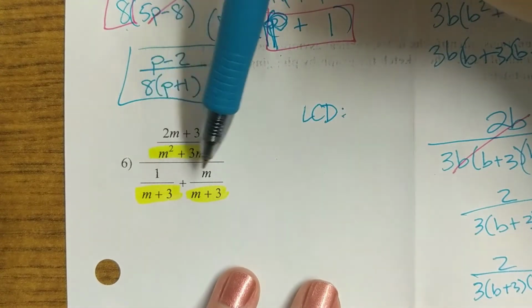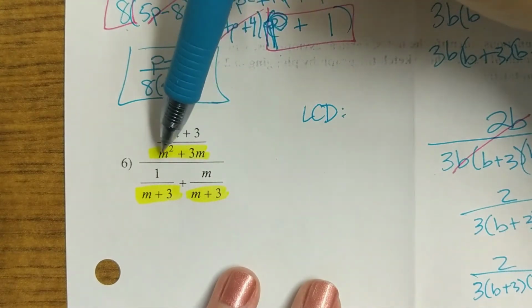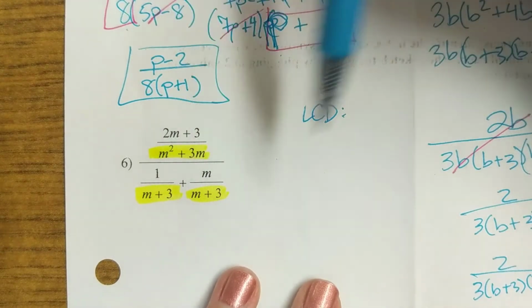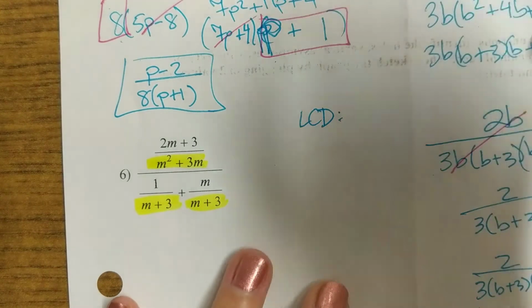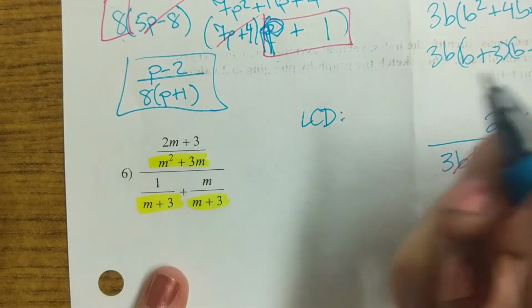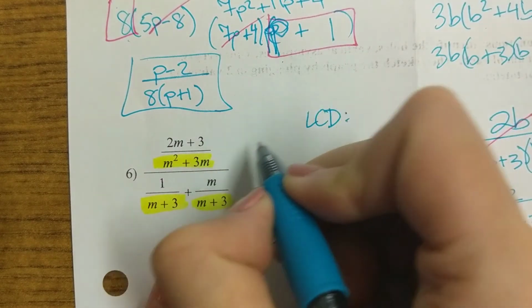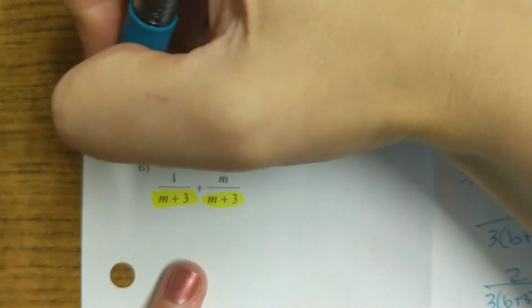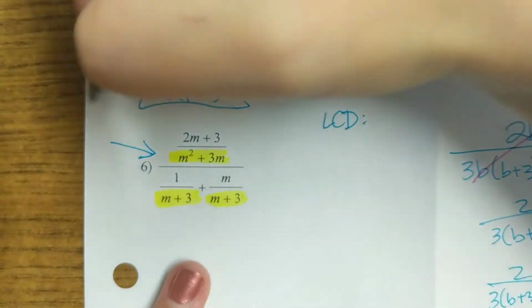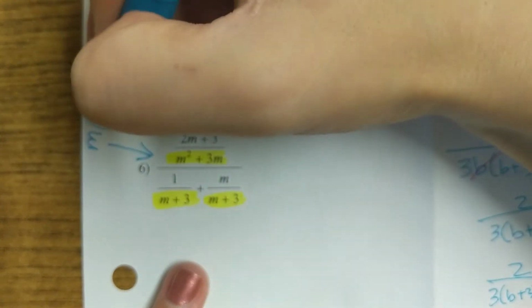But the whole thing, the biggest with the most terms, I mean, these are all binomials, but this I can see is factorable. So the biggest thing is in the LCD. First, I'm going to factor this. GCF is m times m plus 3.